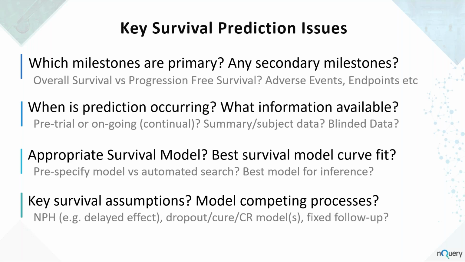But of course, the more of that information you have available, the more likely you are to come into issues with operational bias and statistical bias. If you have unblinded data, then from an operational bias point of view, the standards required will be much higher, for example in open label trials. Or you may need to bring in someone like an independent data monitoring committee to do this type of modeling for you, or be the only ones who see the results of this modeling if you end up seeing the unblinded data.